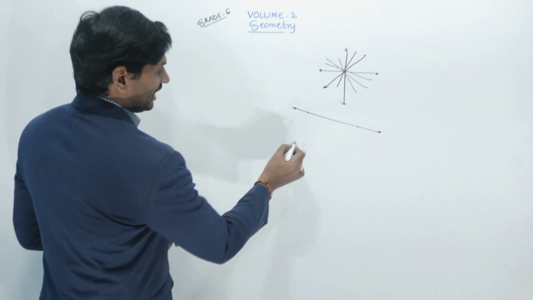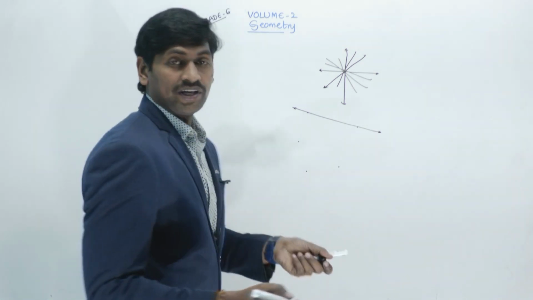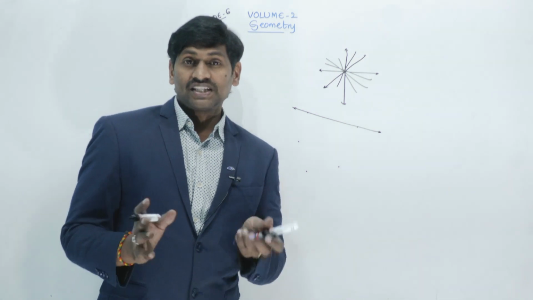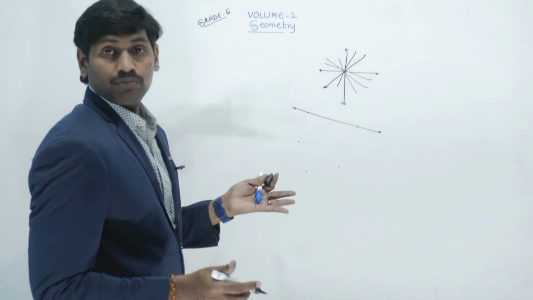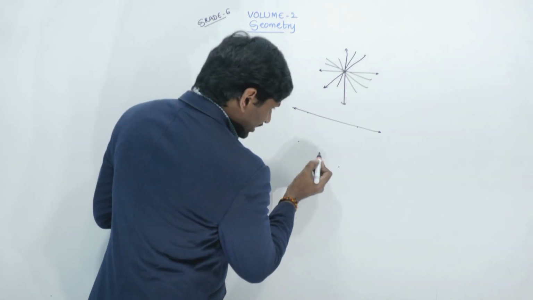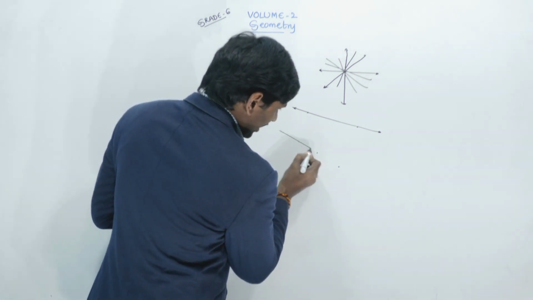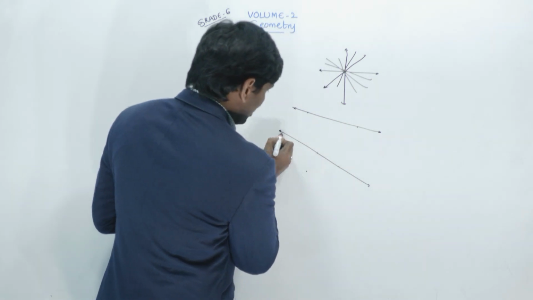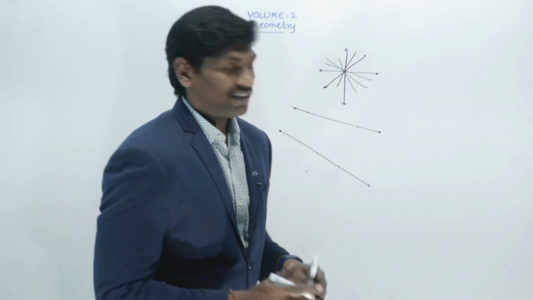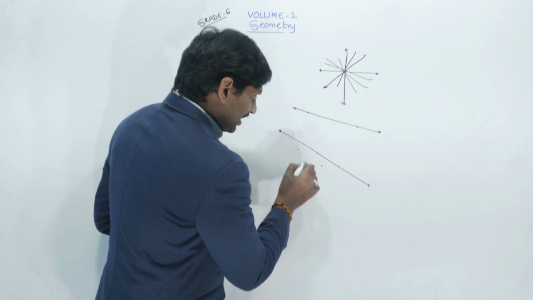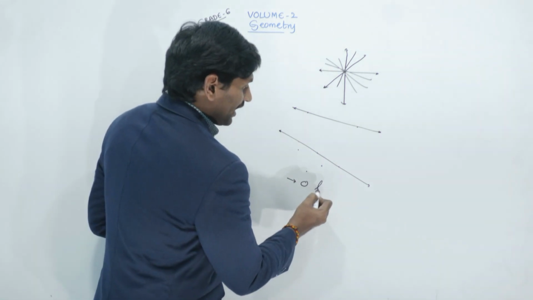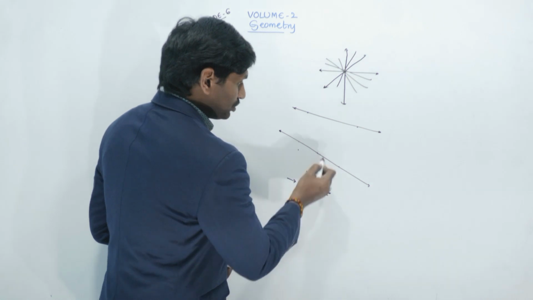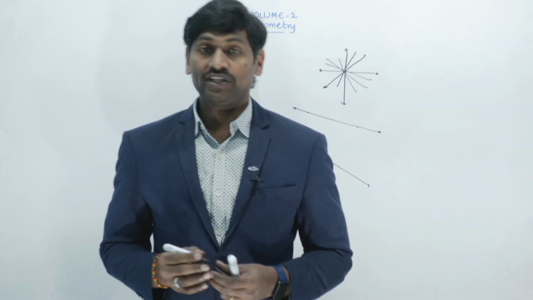If you take 3 points, there is a possibility and also there is no possibility, because if the 3 points are on the same line, we can draw one straight line. If the points are non-collinear, 0 lines can be drawn through these 3 non-collinear points.